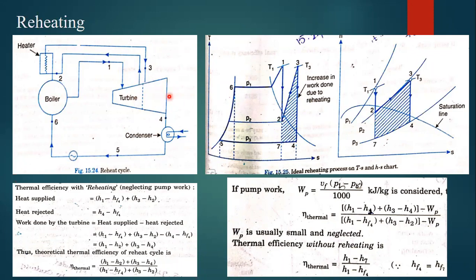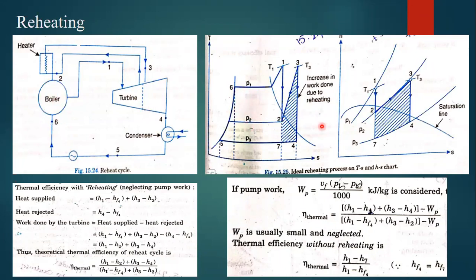After doing some work we will have state 4 with H4 here, and it is given to the condenser. After the change of phase and some reduction in temperature, that is taken as H5, which is the input to the pump, and the output of the pump, or inlet to the boiler, is H6.